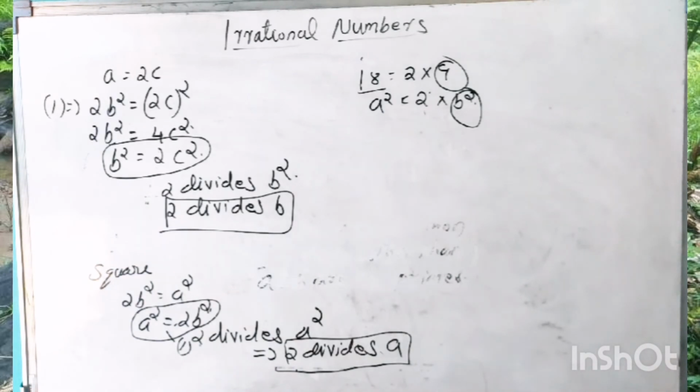Then what is root 2? Root 2 is irrational. So we conclude that root 2 is irrational. This is the proof that root 2 is irrational.